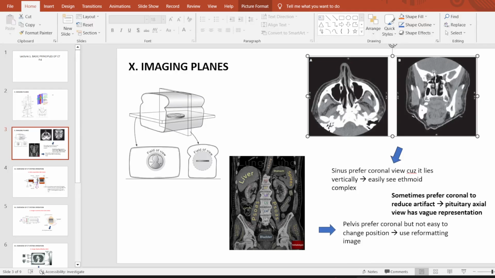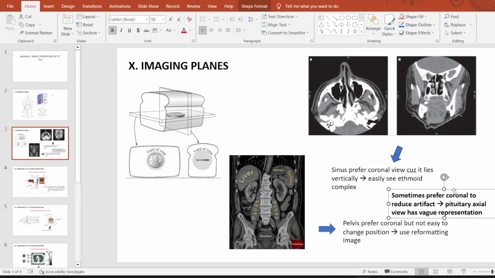And as I note here, sometimes the coronal plane can reduce artifacts, for example compared to the axial view, which has a vague representation. We will talk about this problem in another video, about the application while we take the CT picture, and how changing the planes can affect your image display.